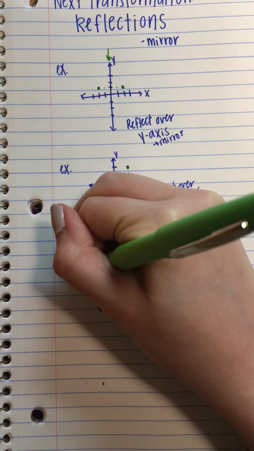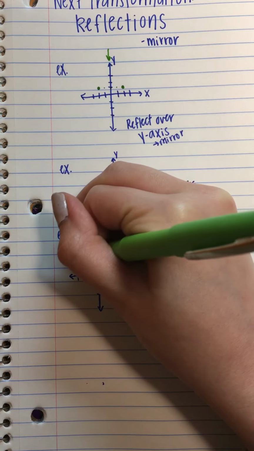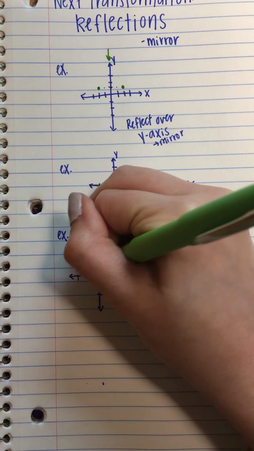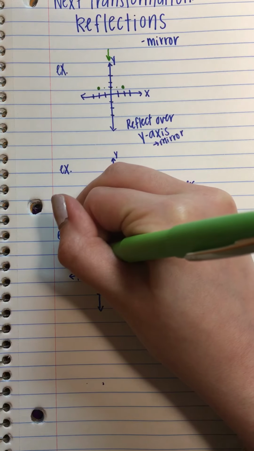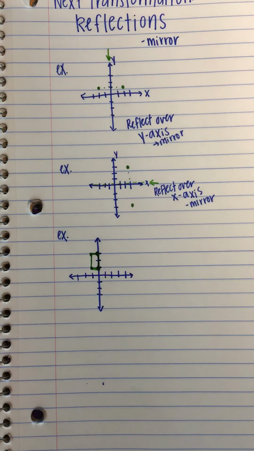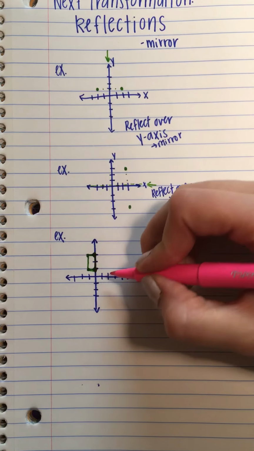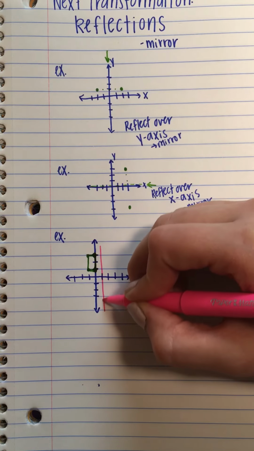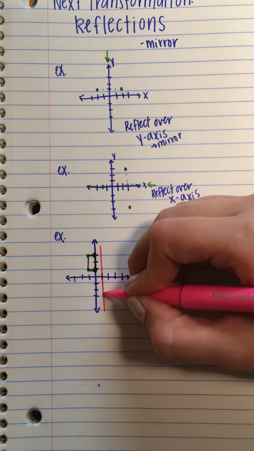Might as well, right? Okay, so I've got my rectangle made of 4 points here. And I'm going to reflect it over. This time we'll reflect over a different line. I'm going to use this as my reflection line.